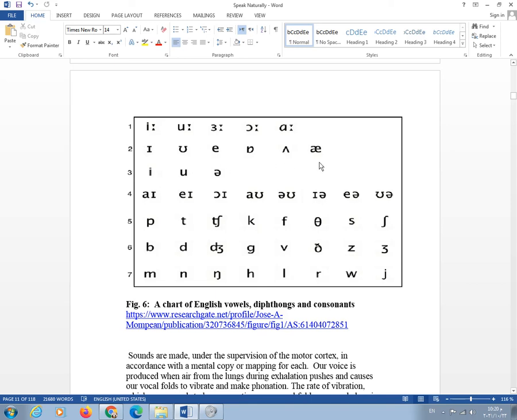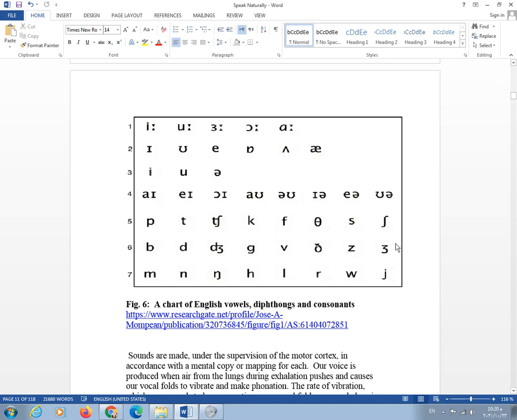And here is E, which is shorter than E and longer than E, and U, which is longer than O and shorter than U. And here is a list of the diphthongs. We have I, A, Oi, Ow, O, E, A, and O. And here are the consonants, 24 English consonants.